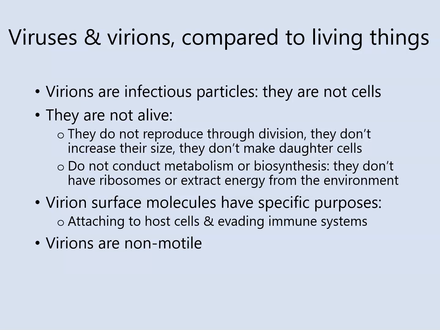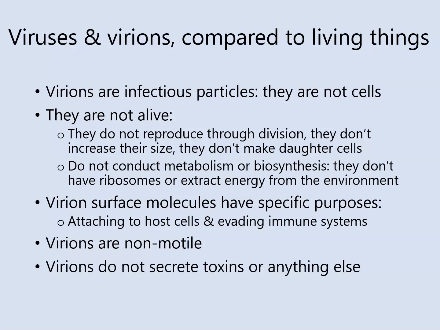But virions themselves, they are non-motile. They don't have flagella or cilia. They don't move. They just bounce around in the air or in liquid. And they don't secrete anything. They don't release toxins that poison us. Bacteria do that. Fungi do that. Protists do that. Virions don't do that. Viruses don't do that.